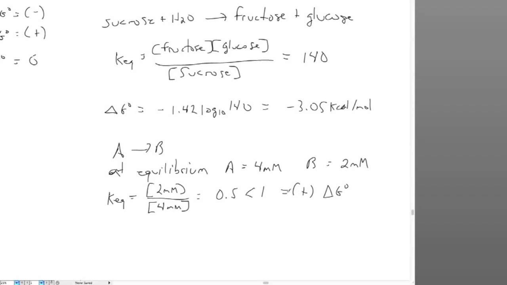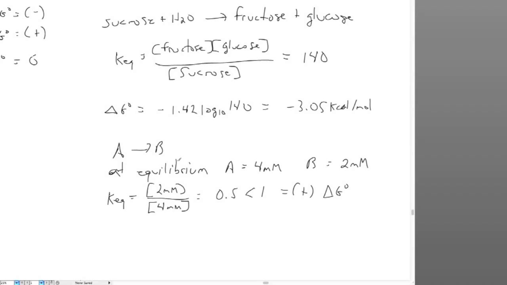It'd be more favorable to occur in the reverse direction, B to A, because at equilibrium there's actually a lot more reactant than there is product. So if I give you any numbers for two reagents in a reaction, you can figure out what the KEQ is, and then you can predict whether or not it's a favorable or unfavorable reaction.